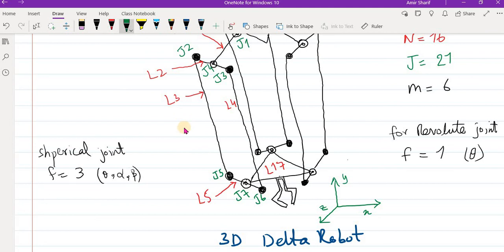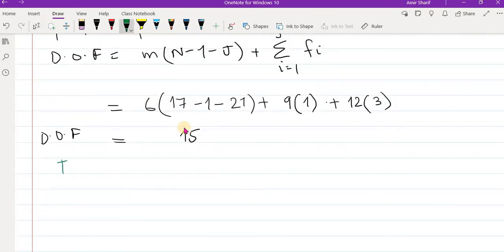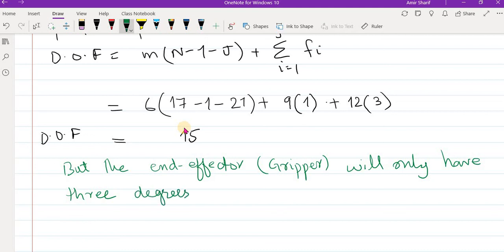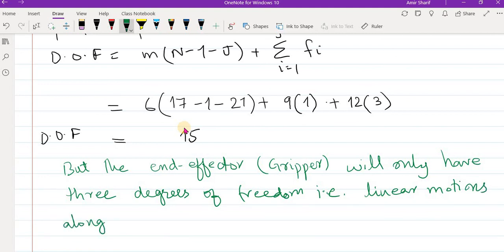That's why we can say that the end effector gripper will only have 3 degrees of freedom, which are linear motion along the x, y, and z axes.